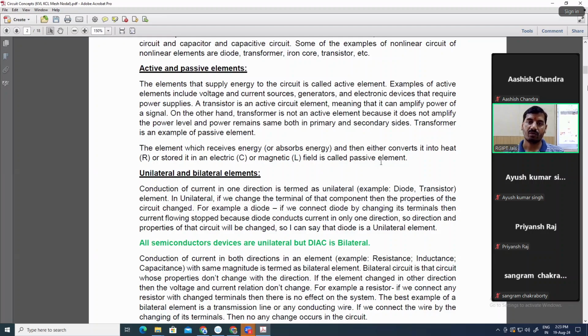As examples of active elements, we have already discussed that all the sources, whether voltage or current sources, are considered active elements. Also, the transistor is an example of an active element. So these things you should remember.